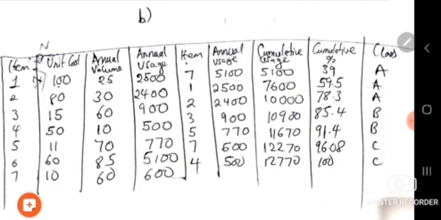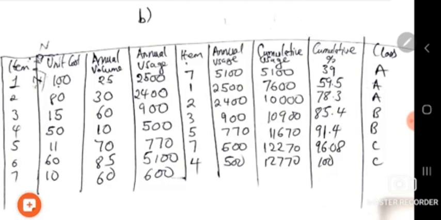Hence it's now on top. And then you ask yourself, 5,100 belongs to which item? Item number 7. Sorry, that was actually supposed to be item number 6. I beg your pardon, that was just an error in writing. That's supposed to be item number 6.